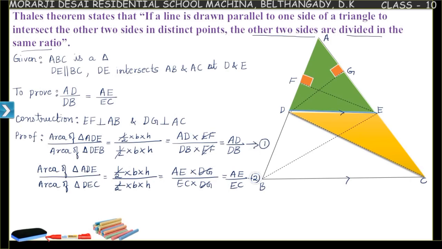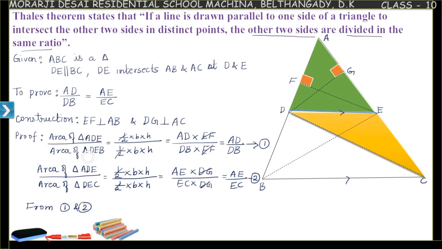Now see equations 1 and 2. From equation 1, area of triangle ADE divided by area of triangle DEB is equal to AD by DB. From the second equation, area of triangle ADE divided by area of triangle DEC is equal to AE by EC. From 1 and 2, we can write, look at the left hand side, area of triangle ADE, area of triangle ADE, that is same.